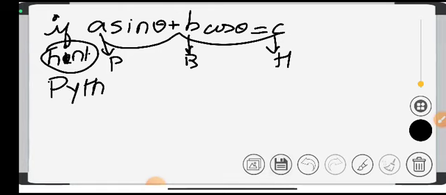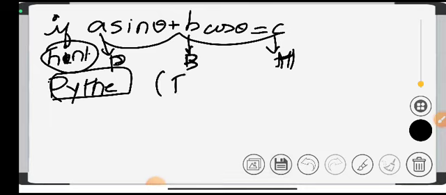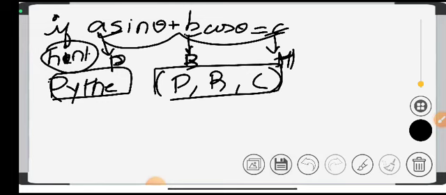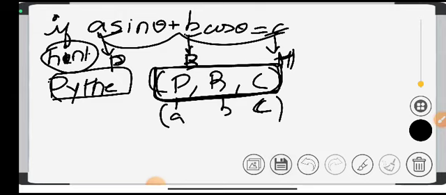By applying Pythagoras theorem, you find that this is the perpendicular, this is the base, this is the hypotenuse, and all these three values, that is a, b and c, form a triplet. So you will be able to write like this. What is that?